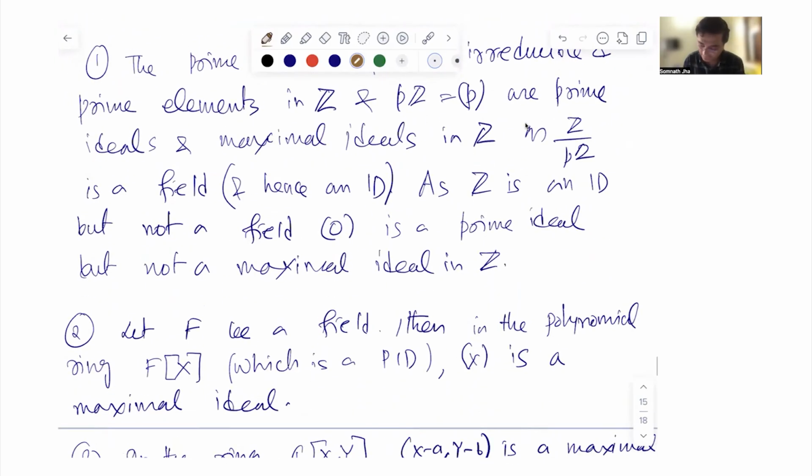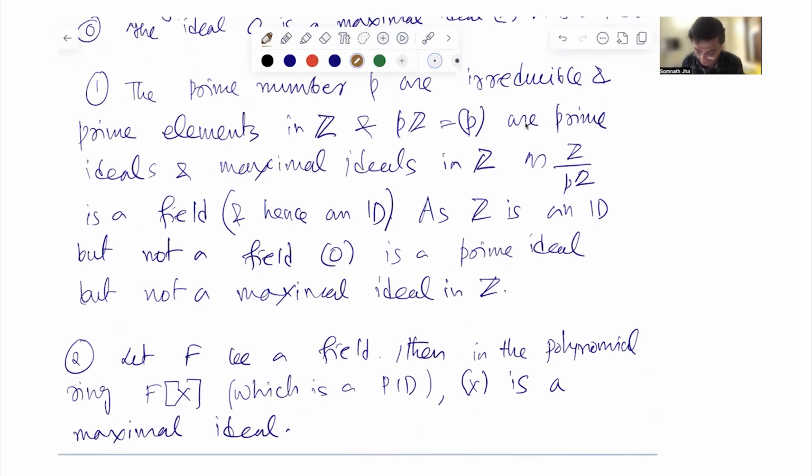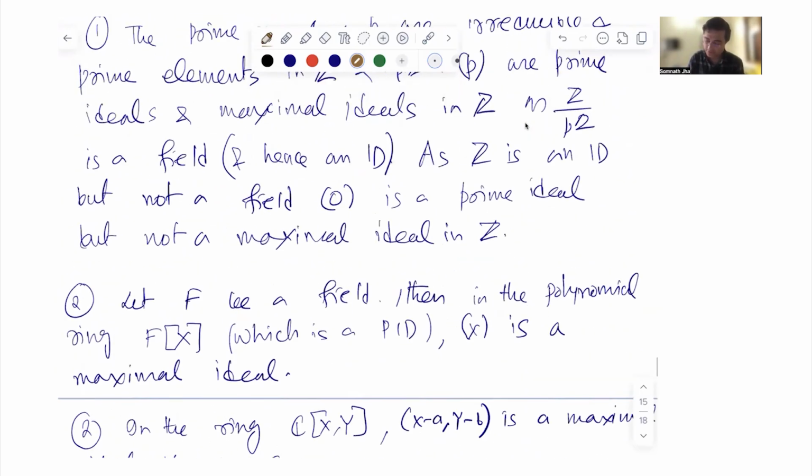So if F is a field, then in the polynomial ring F[x], (x) is a maximal ideal. That is because if you take F[x] and take the quotient by (x), you can check that this is isomorphic to F. You are taking all polynomials and going modulo the principal ideal generated by x. So only the constant term remains in some sense.